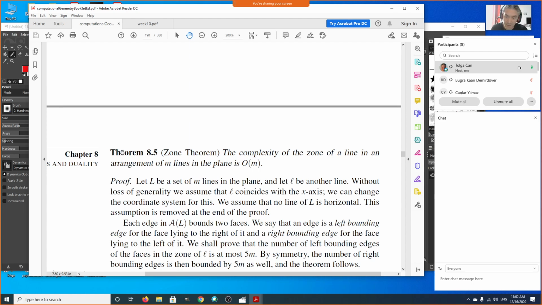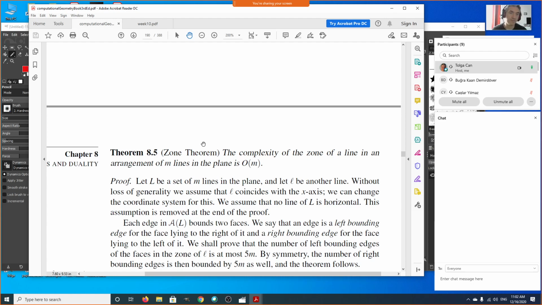This is the main reason we have this theorem in this part of the book: to show us that we can construct an arrangement of lines in O(n squared) time in total. Because in order to insert every one of those lines, we spend linear time. In linear time, a single line can be inserted into an existing doubly connected edge list.